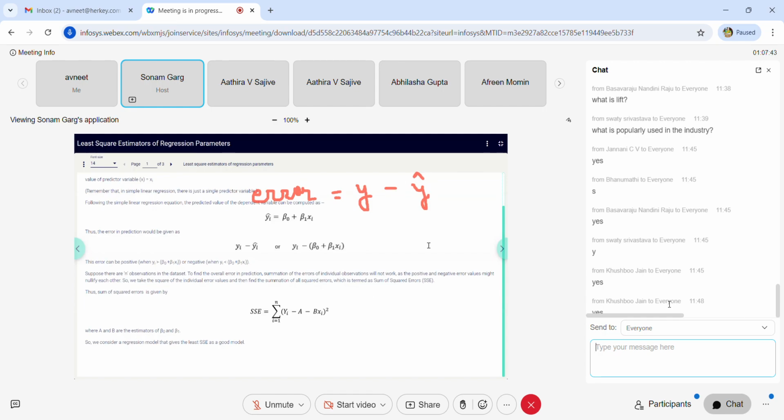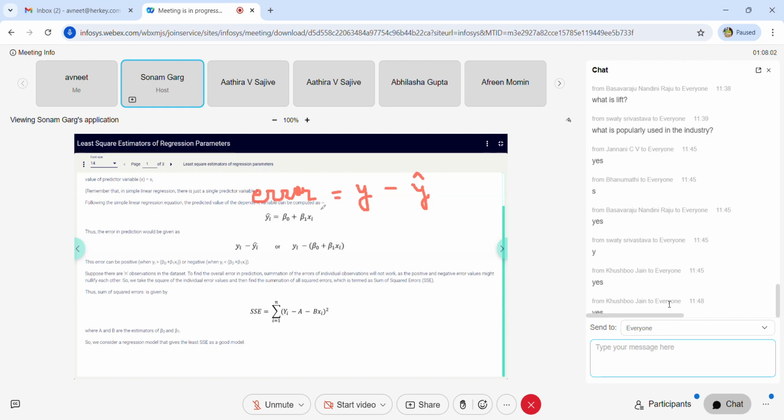Now, these errors cannot be taken as they are, because we have seen when we find errors and take a summation of these errors, they nullify each other. Positive errors and negative errors will nullify each other.